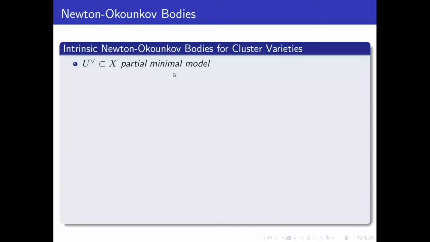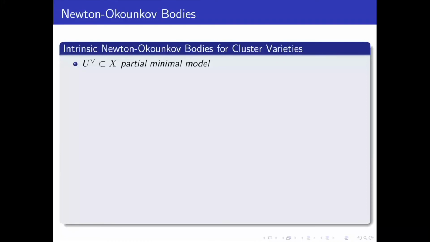This is just a partial compactification where any boundary, so if we've added some divisors, each divisor that we've added to get X from U check is such that our volume form on U check has a pole along that component.